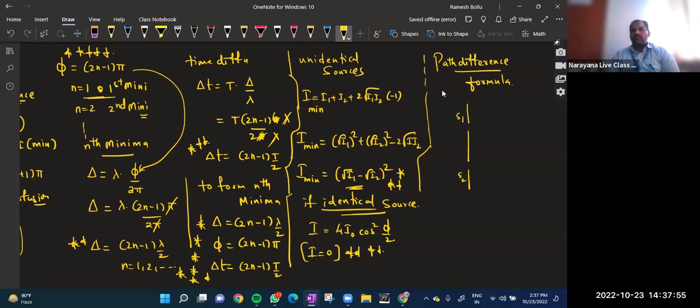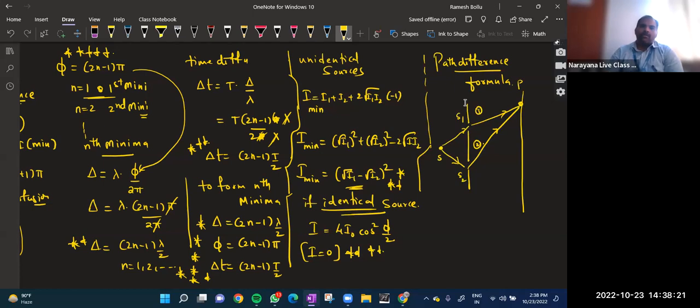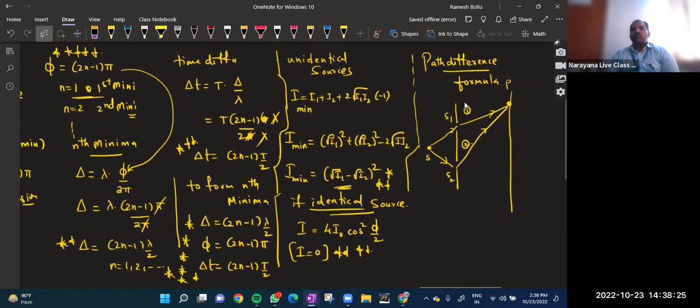This is source S2. Behind, one source of light is there. What is this? One screen. Only I am analyzing at a particular point P. This is the first wave, and what is this? Second wave. Yes or no? Now, tell me, what is the path difference between the two light waves?